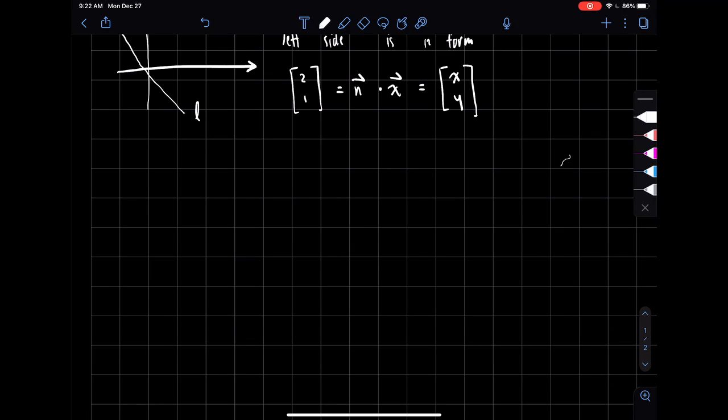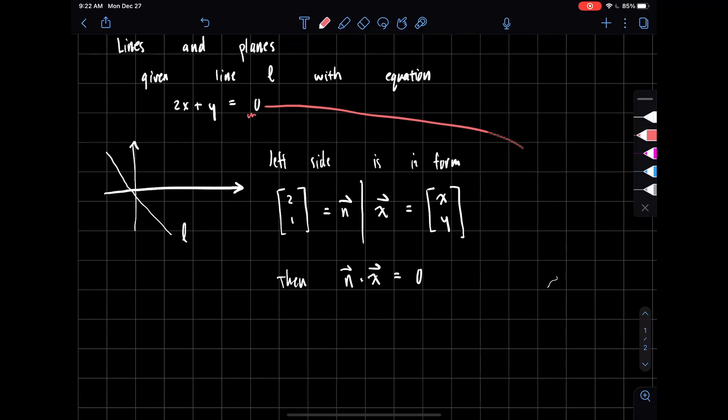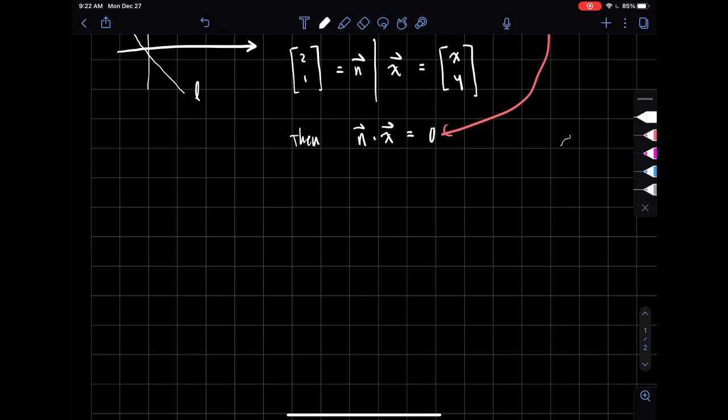So n dot x equals 0 as per our equation 2x plus y. Given that their dot product is 0, we know that these two vectors are perpendicular, hence n is the normal vector.